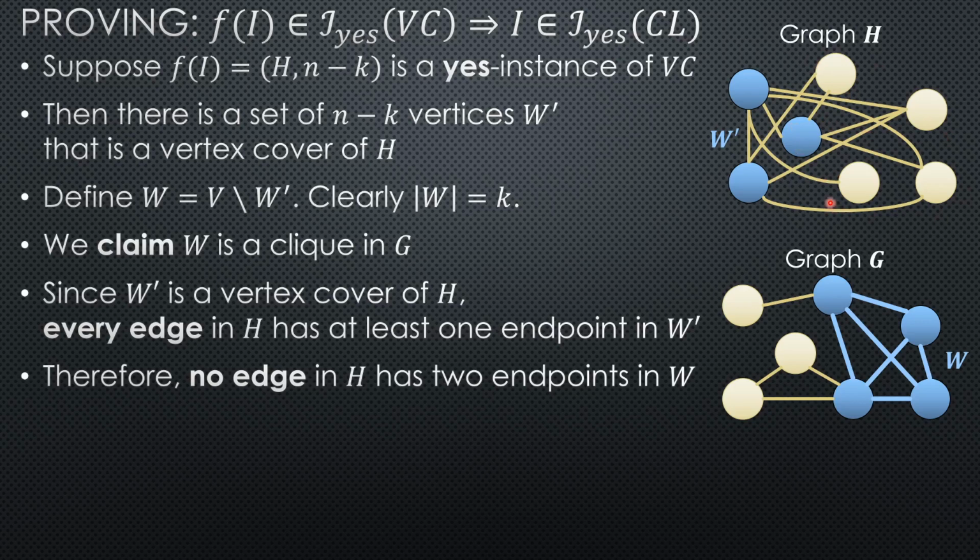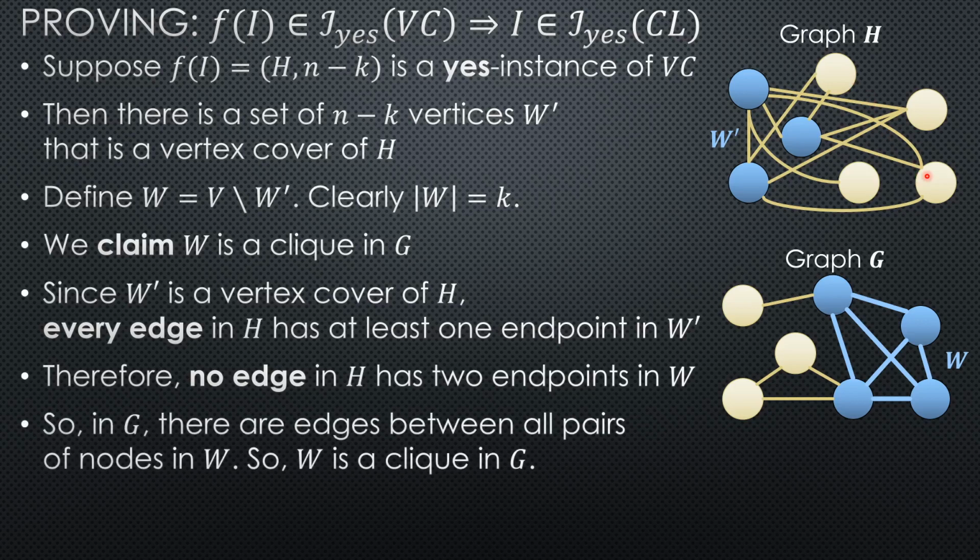Well, that means there's no edge between any pair of nodes in W in the complement graph H. But then, what that means is, in G, every edge between a pair of nodes in W must exist.